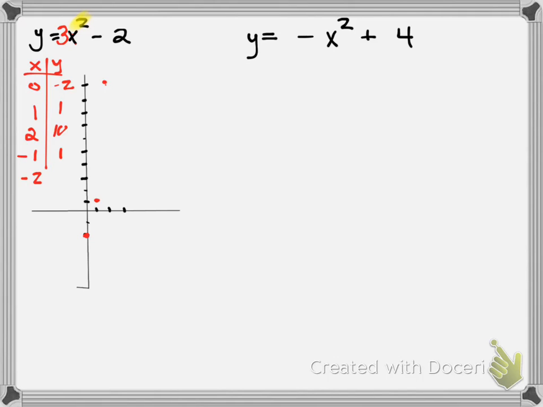And like plugging in 2, -2 would also give me 10. So really, I should have thought this out a little bit better, but my two values are going to be here at -1, 1, and -2, 10. And what really happens is kind of a curved U-shaped graph called a parabola.